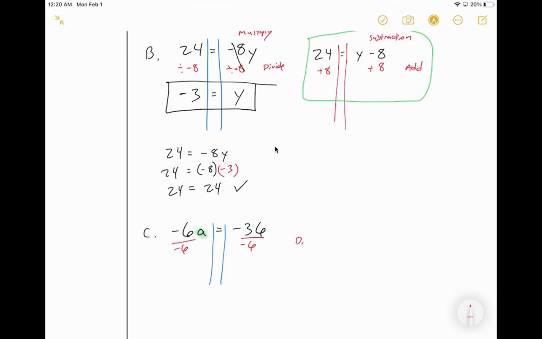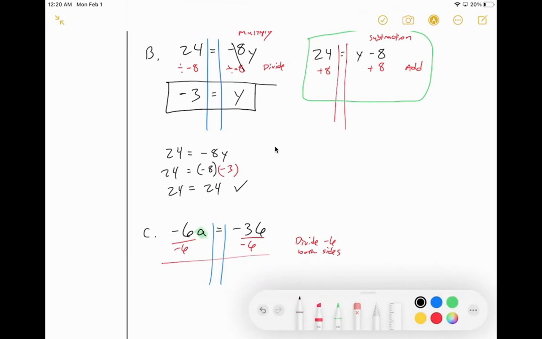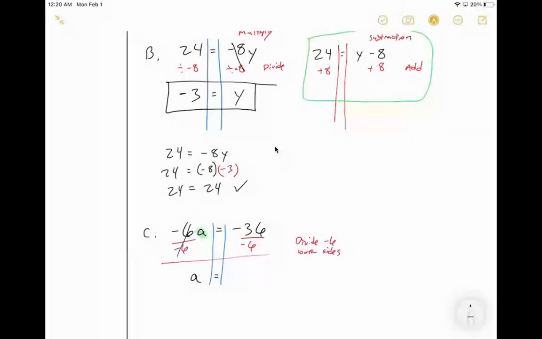So we see what cancels out. Okay, negative 6 and negative 6 cancel, so I'm left with just a equals negative 36 divided by negative 6 is a positive 6. So let's do the check work over here. Negative 6a equals negative 36.